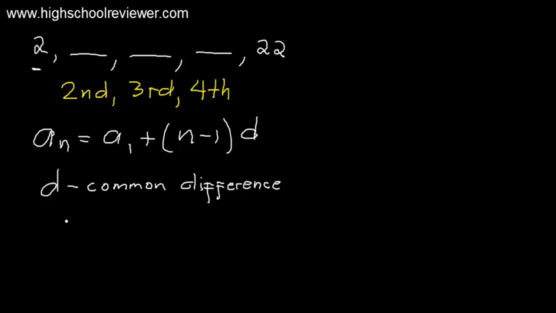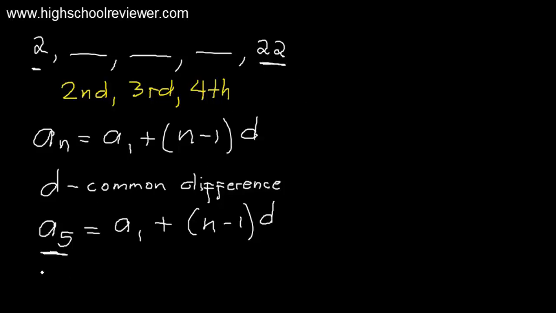Okay, so using the equation for the fifth term, a sub 5 is equal to a sub 1 plus n minus 1 multiplied by d. So the value of a sub 5 here is positive 22. So we will have here positive 22 equals the value of a sub 1, which is positive 2, plus n.